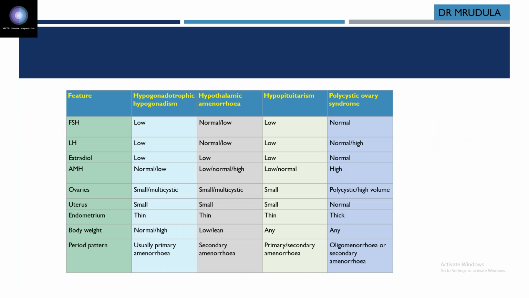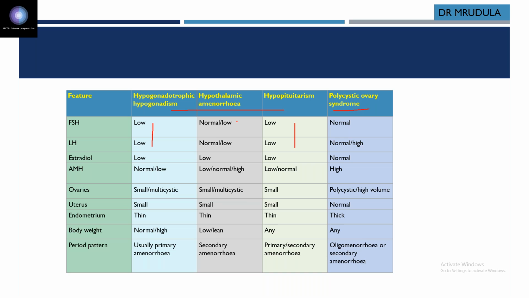This is an important table in this talk. Here they have differentiated between hypogonadotrophic hypogonadism, hypothalamic amenorrhea, and hypopituitarism. These are the three types of type 1 anovulation, while type 2 is polycystic ovarian syndrome. Gonadotrophins in type 1 anovulation will be low.